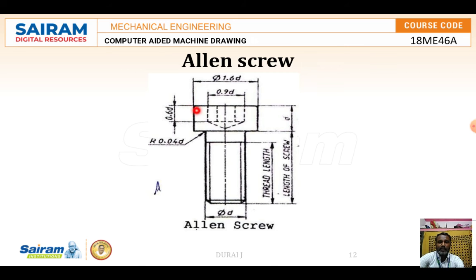So the outer diameter is 1.6d for the head of the Allen screw. The inner hole is 0.9d. Here they are going to maintain a 0.044d fillet area from the head to the screw portion. Then the thread length and the screw length they are providing.